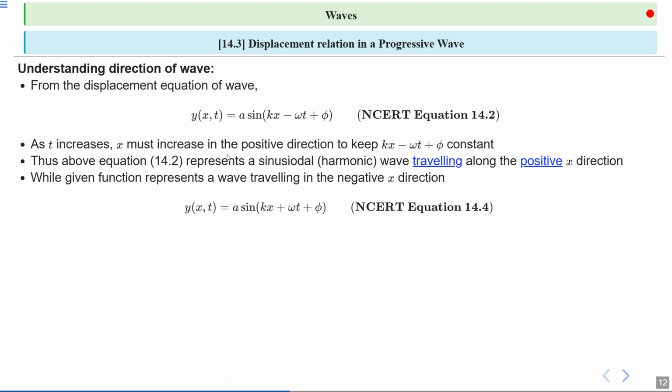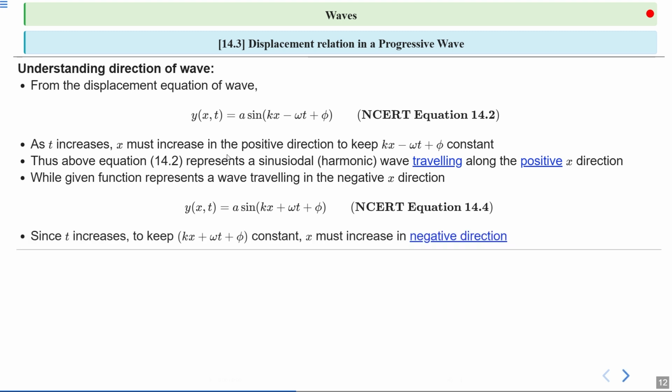So the equation is y(x,t) is equal to A sin(kx plus omega t plus phi). Since t increases, to keep kx plus omega t plus phi constant, x must decrease, in the negative direction. So always check the sign in front of omega t to determine which way the wave is traveling.